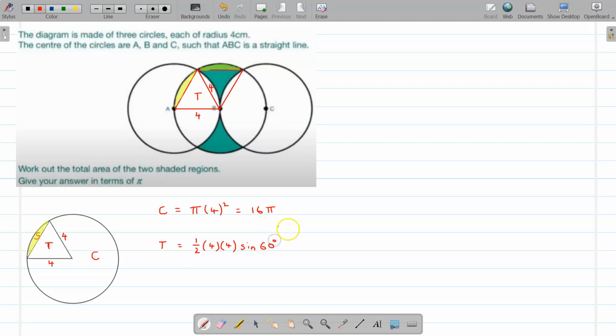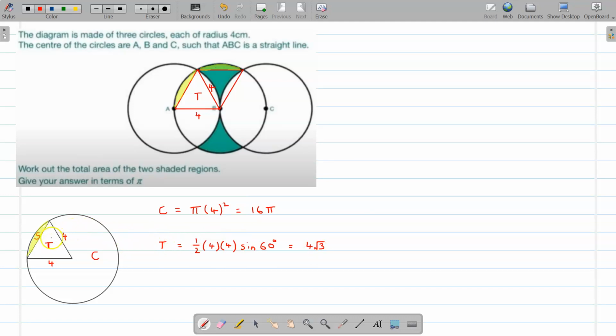Now, you should know the exact sine of 60 degrees is root 3 over 2. And so that actually comes to a half of 16, which is 8, times root 3 over 2, which is 4 root 3. So that is the area of the triangle T.